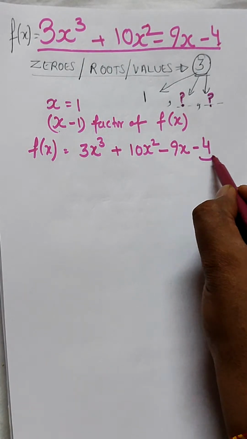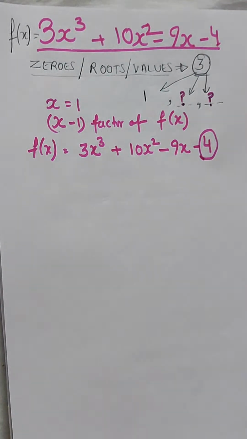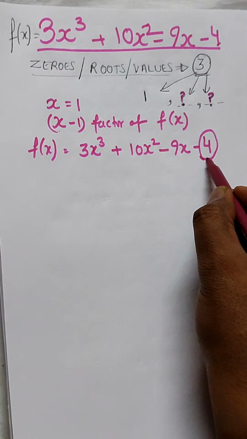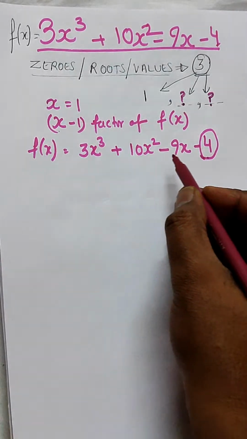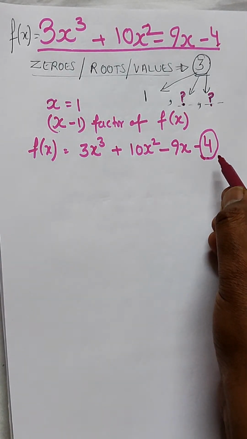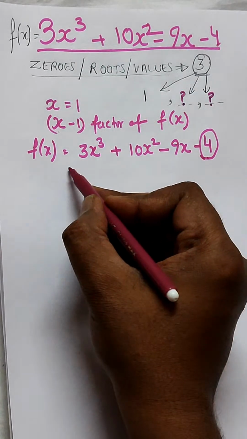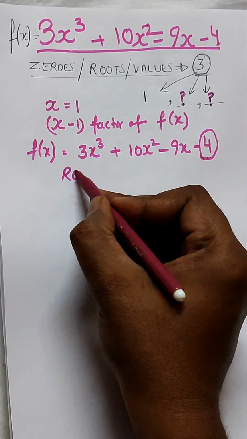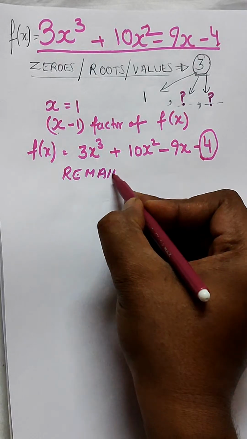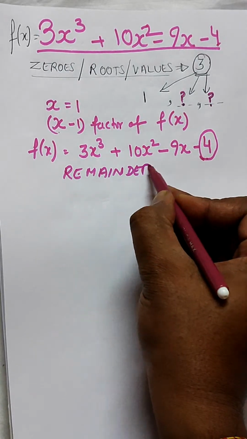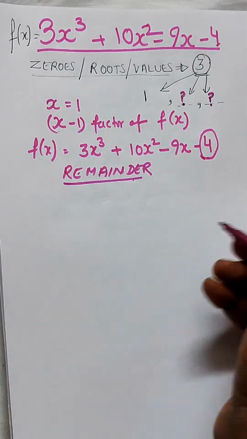Here the constant is 4, right? Take this constant because we will be applying the remainder theorem to solve this. Remainder theorem, just to recall.